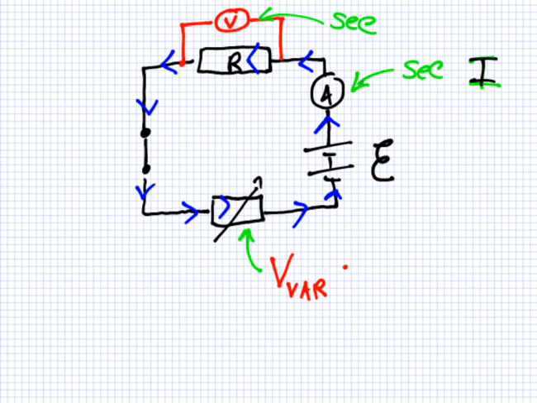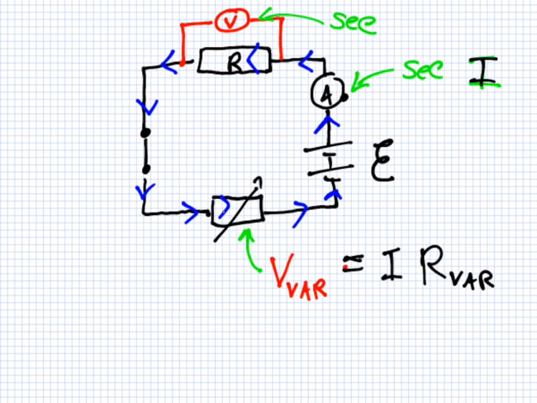No. In the variable resistor. Do you know it? No. So I'll just call this voltage here V var, for variable. Okay? Do you know what the current is? Yeah, you can see the current here. So let's call that current I.